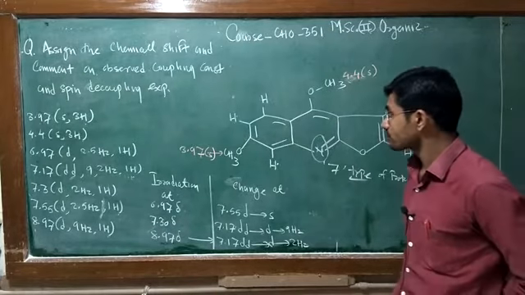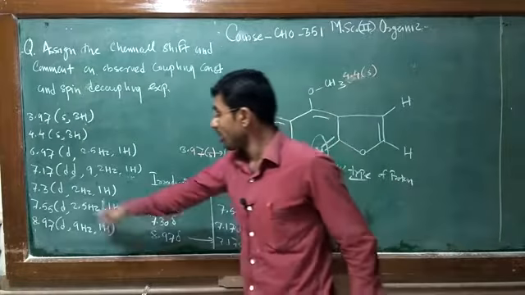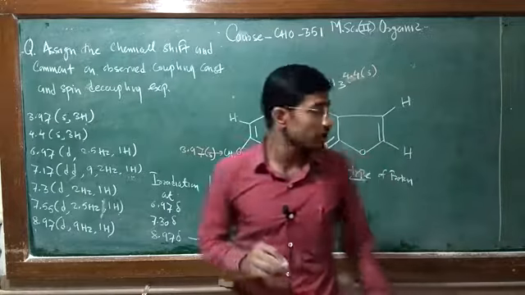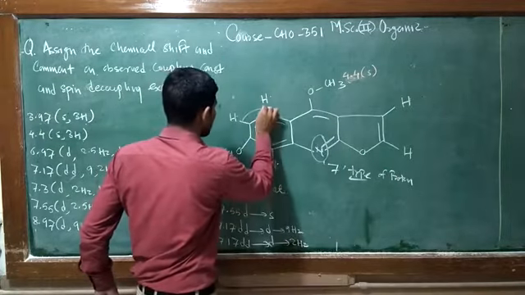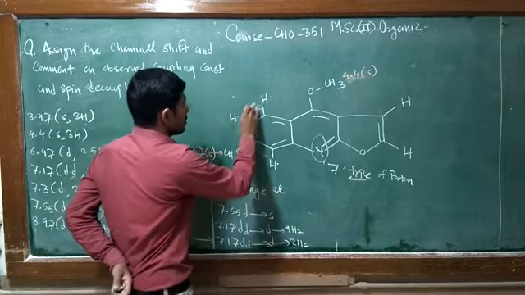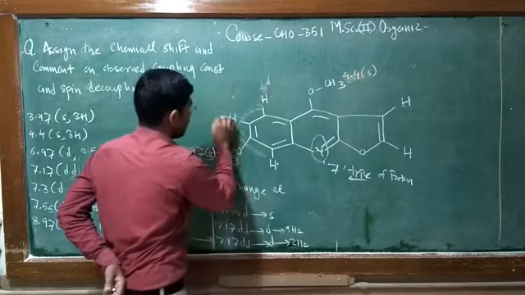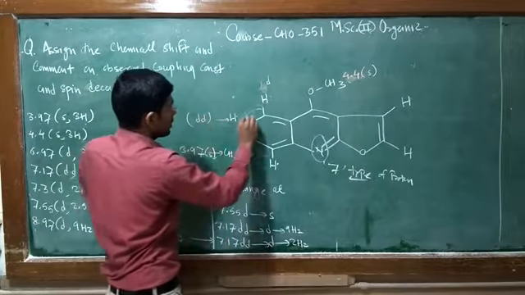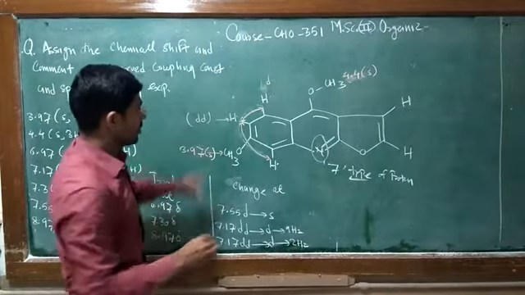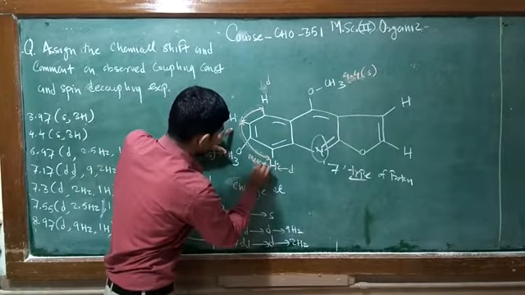Then after that, if you observe the aromatic protons, suppose you consider the ortho coupling here, and para coupling is not considered here. So this proton shows a doublet signal, while this shows a doublet of doublet, because of ortho coupling and meta coupling. Now this one shows only a doublet with meta coupling, coupled with this proton.